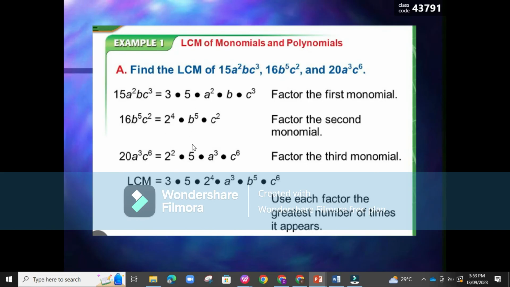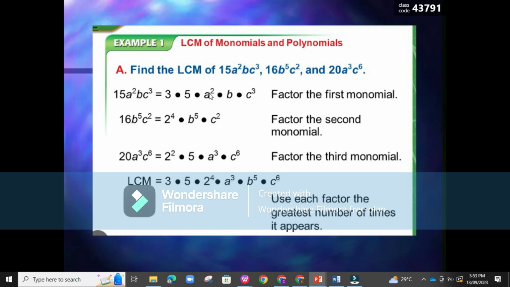And for 5, this is common only for the first and third monomials, so just copy 5. Then for the factor 2, what is the greatest exponent? You have here 4 and here is only 2. Therefore, we're going to use the exponent 4. So, you have 2 to the power of 4.